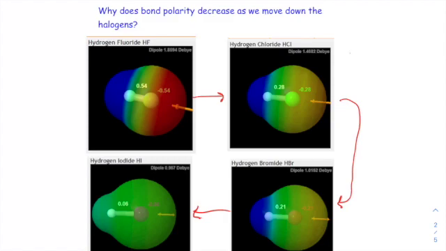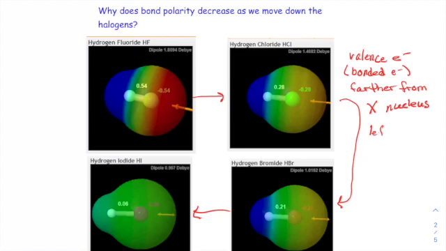The valence electrons, which means the bonded electrons, are farther from the halogen, which I'll call X's nucleus.